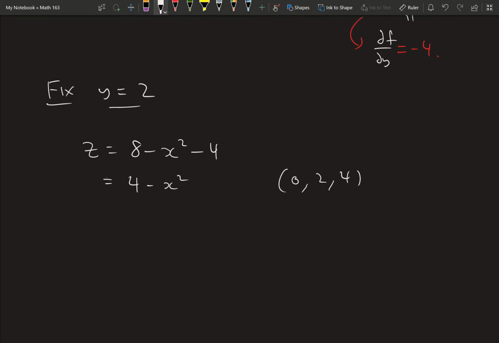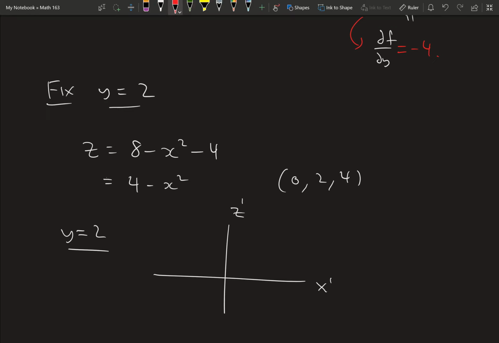Well, let me draw this now in the zx plane. So we're in the plane y equals 2, or I should say parallel to the zx plane. So here's z prime, because technically it's not exactly the z-axis, it's parallel to the z-axis. I'll call this x prime, parallel to the x-axis.